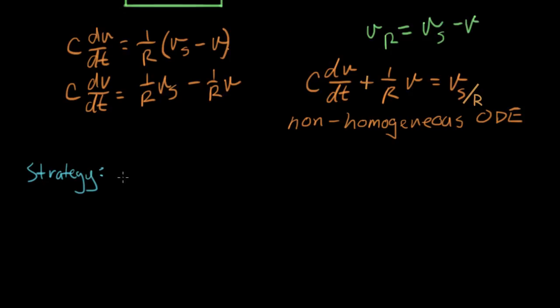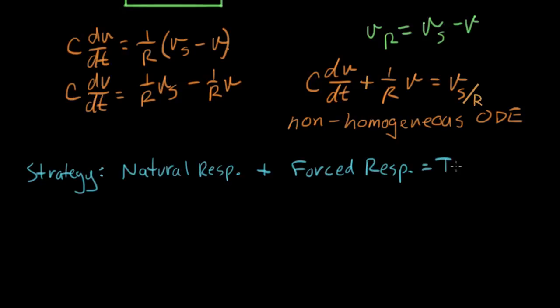What we're going to do is figure out what we call the natural response, and we're going to figure out something called the forced response. Then we're going to add those together with a plus sign, and that's going to be equal to what we call the total response. So this is what the circuit really does.